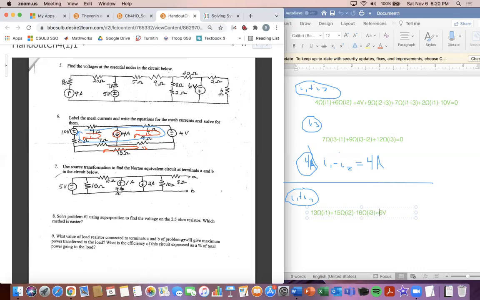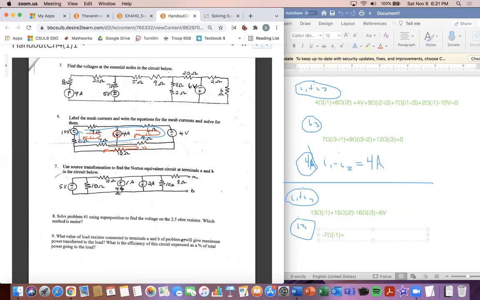Okay. And so now that we made the equation for that one, we're going to have to make an equation for the next one here, which is going to be I3. And for I3 here, it's going to be this -7 times I1, and then plus this.